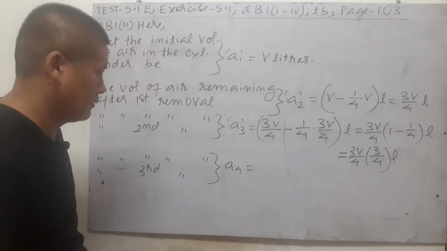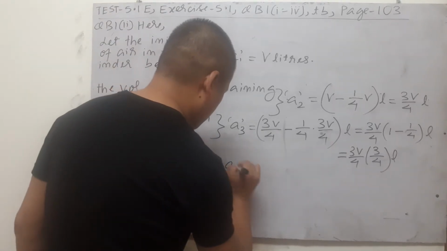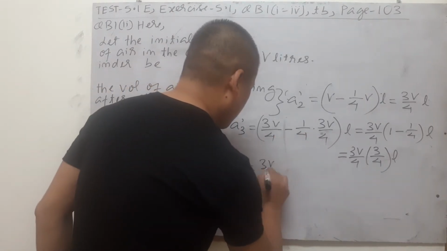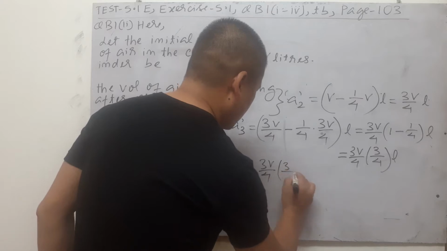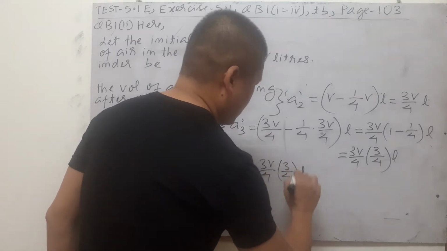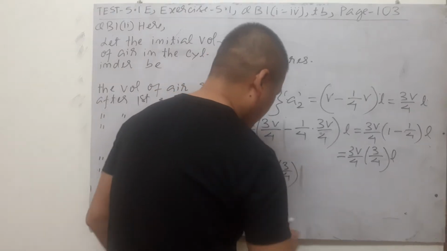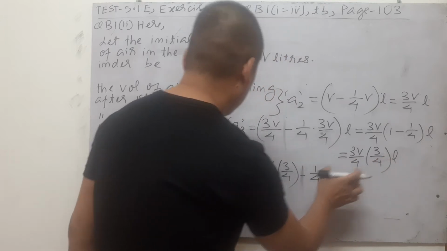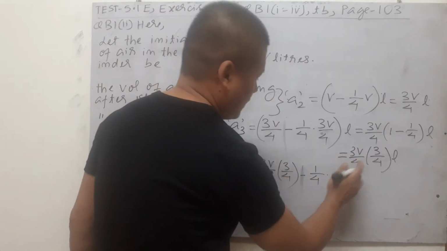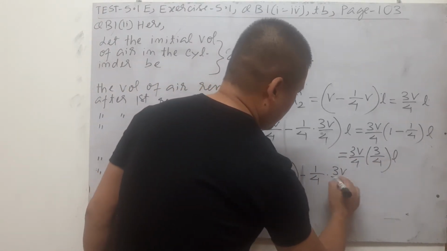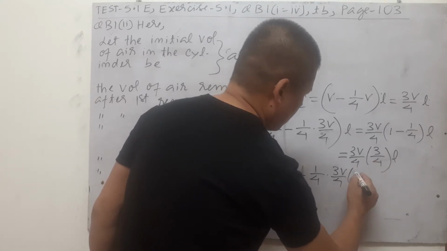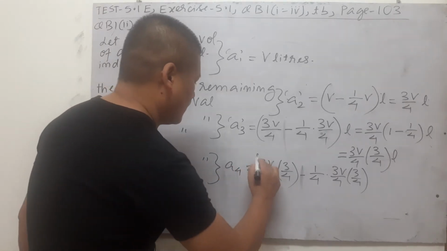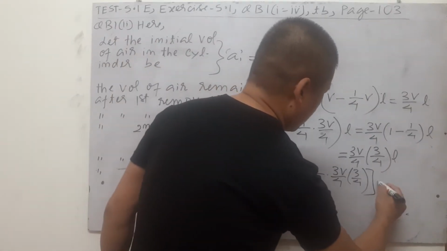It will be equal to what is remaining after the second removal, that is 3V/4 into 3/4, this much liter, minus 1/4 removed every time. So 1/4 into what is remaining after the second removal, this one: 1/4 of 3V/4 into 3/4, this much liters.